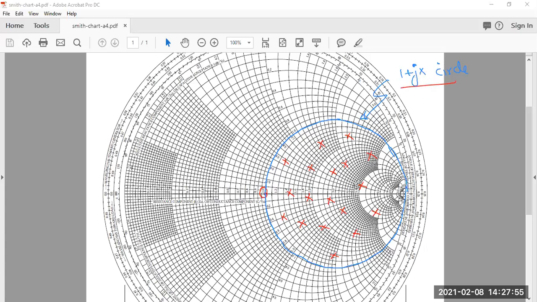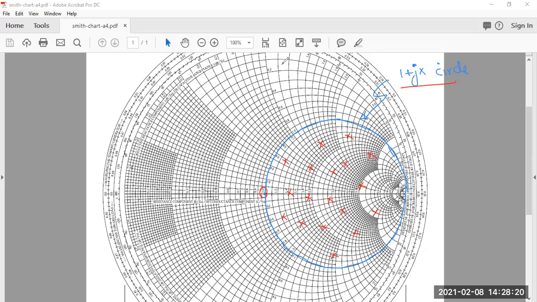Whenever the normalized load position is somewhere within this 1 plus jx circle, the network that is going to solve the problem is L network number 1.